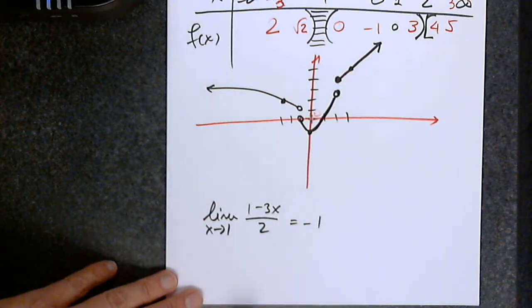Negative 2 divided by 2 is negative 1. Is that the answer? No, that's the problem.